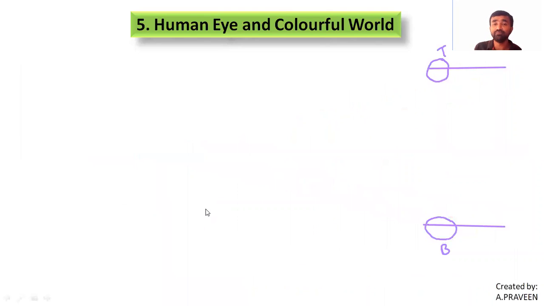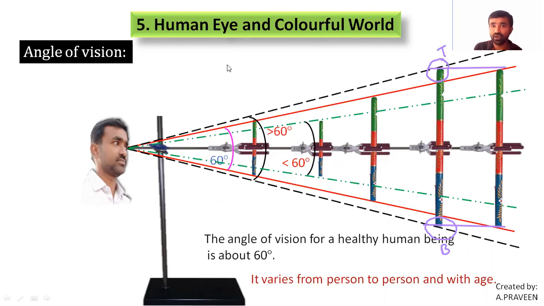How can you define the angle of vision? Simply, the angle of vision is defined as the maximum angle at which you are able to see the whole object, whatever the distance, but the angle you will notice is 60 degrees.